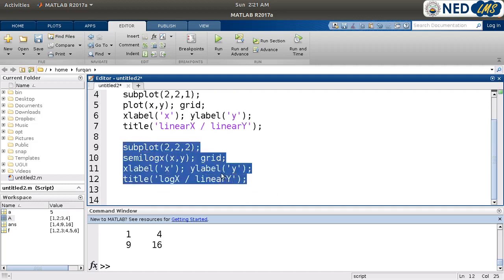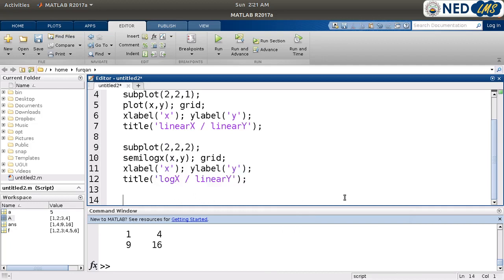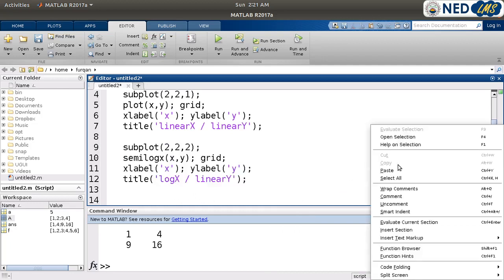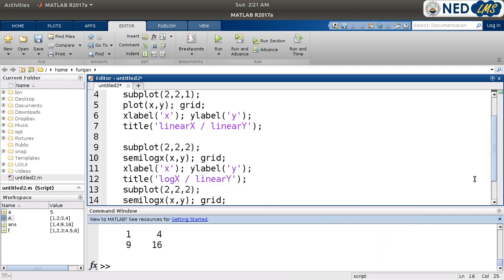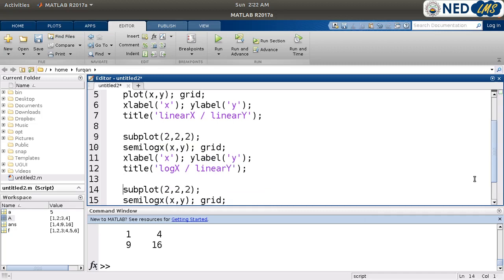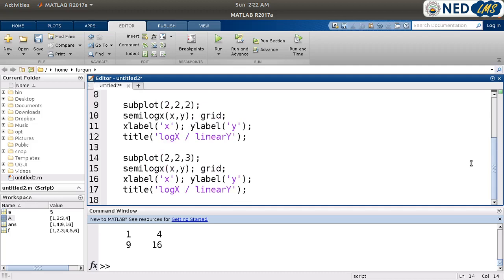Copy this piece of code. Now we will be accommodating the third area created, and it will become semilog y.